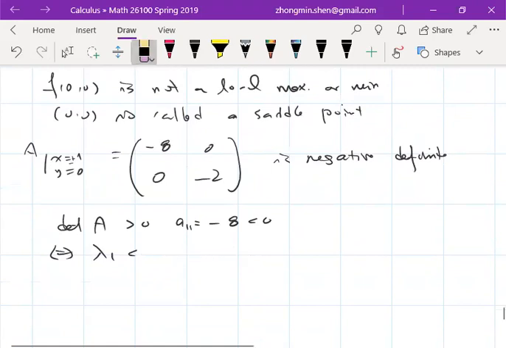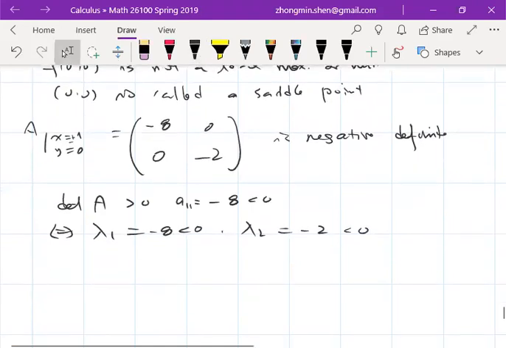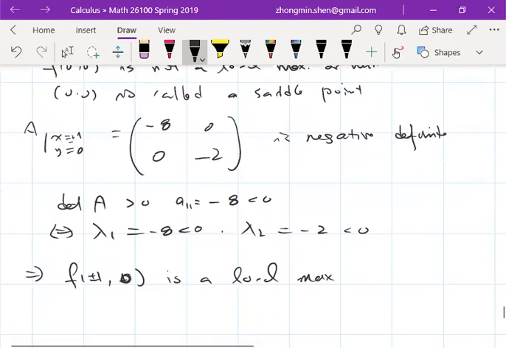Both are negative, so the second order derivative is negative, and the graph must be concave down nearby that point. So this implies f at plus or minus 1, 0 is a local maximum value.